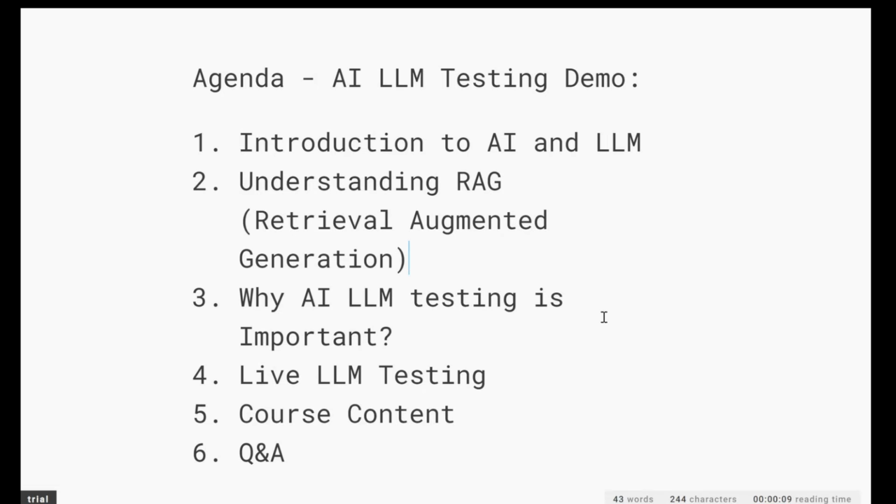As part of the tutor role, I have been teaching for the last 6 years on different tools and technologies, which include Selenium, Cypress, Playwright, API performance, and then AI LLM testing using different libraries, along with AI agent development and AI agent testing.